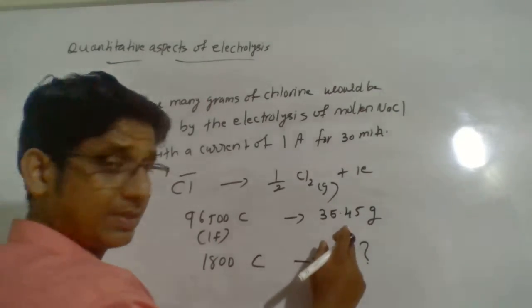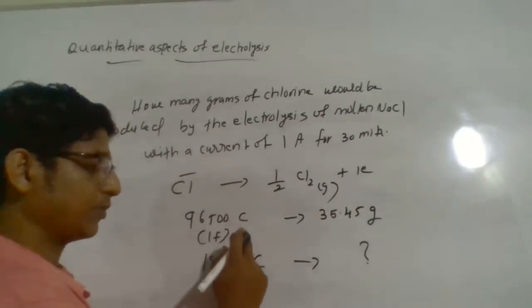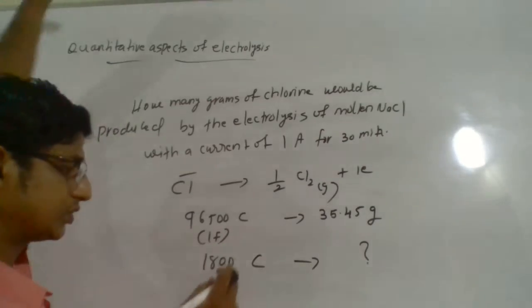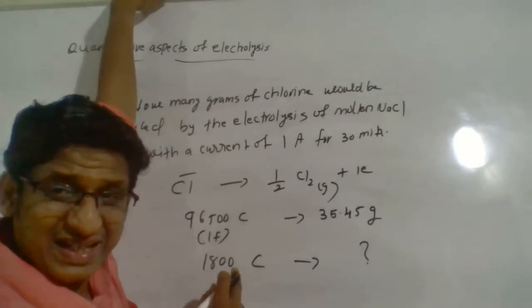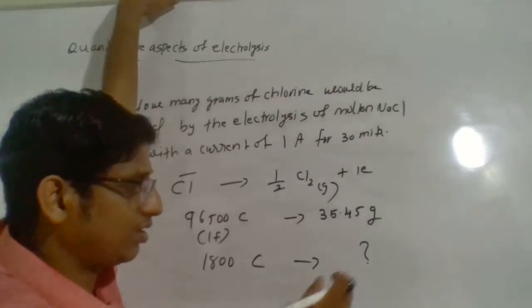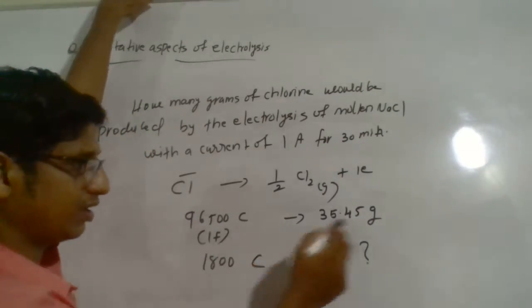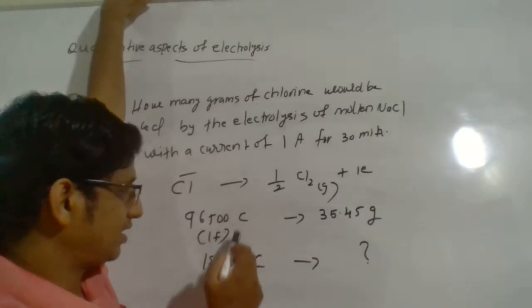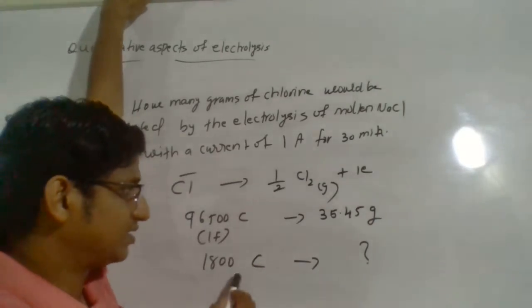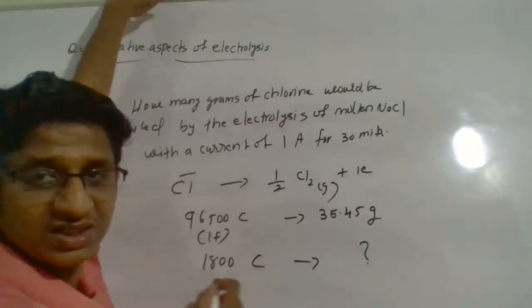The mass of substance liberated or deposited is always proportional to the amount of electricity. So here you are passing a lesser amount of electricity, which means a lesser amount of substance gets deposited. If you write like this, the amount of electricity should be on the same side and the mass of substance on the same side.